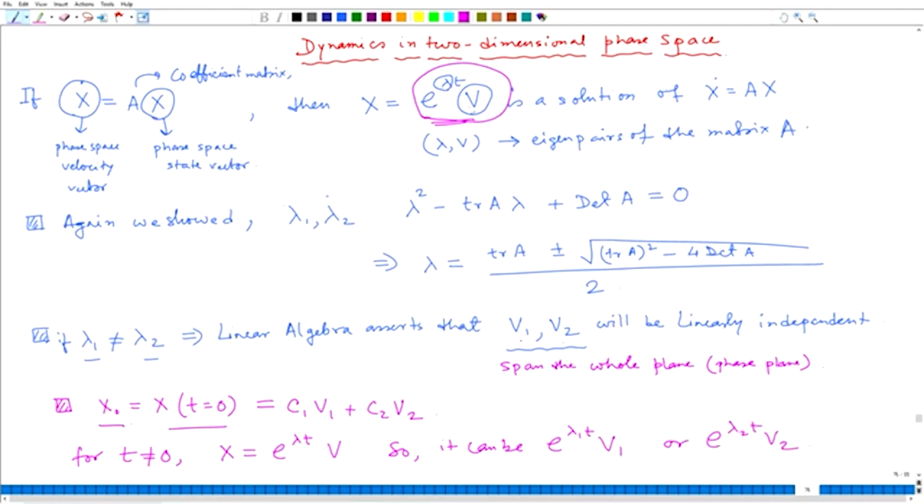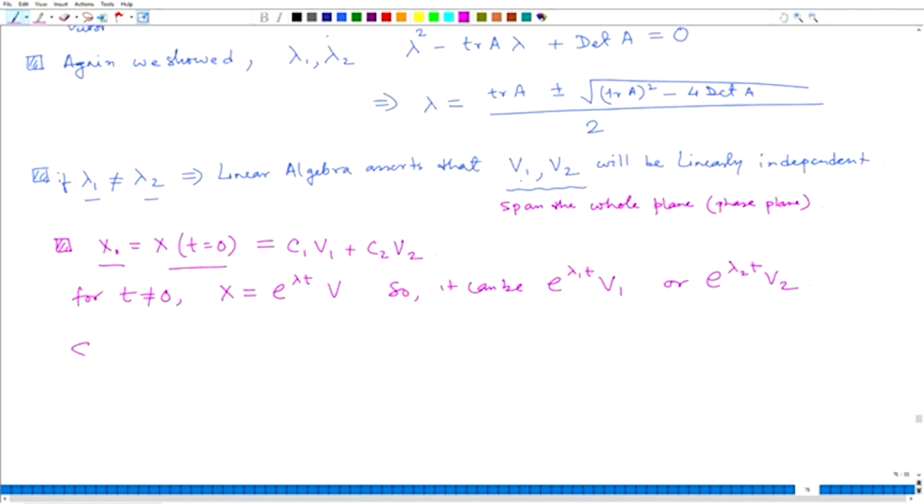Since x dot equal to Ax is linear, the linear superposition of these is also a solution.